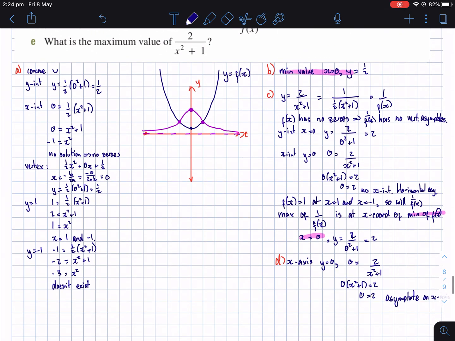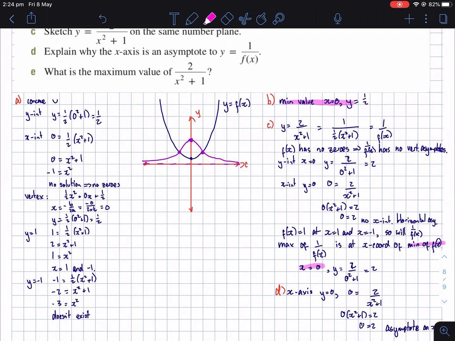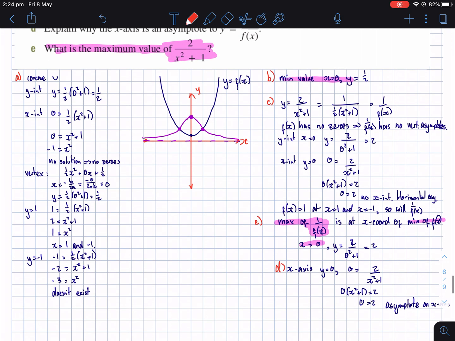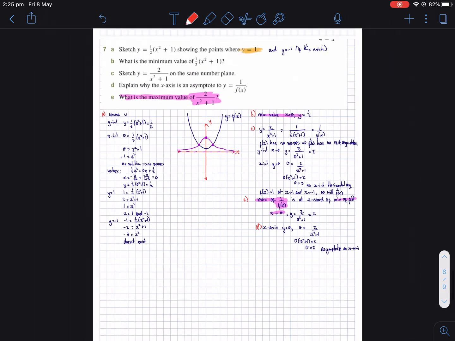Oh, we've already done this. Let me get a better highlighter that actually highlights. So I accidentally did E there, but it was useful. So the maximum value is 2. You can see it goes up to 2 and then comes back down.